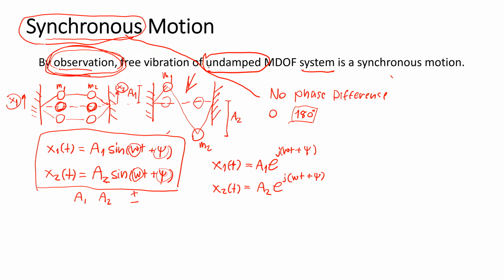By this knowledge, we assume x1 equals A1 sine(omega t plus phase angle), and assume x2 has a different magnitude but the same function.